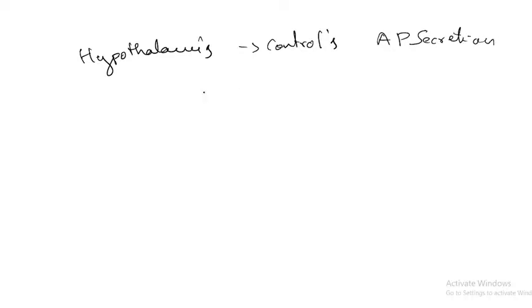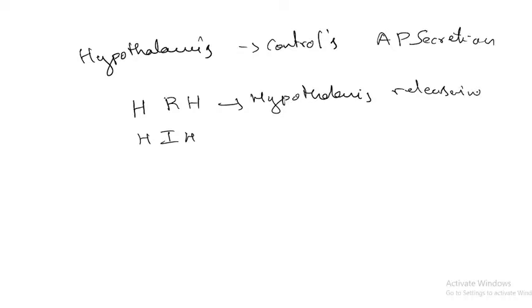It controls the anterior pituitary secretions through the hypothalamus releasing hormone and the hypothalamus inhibiting hormone.